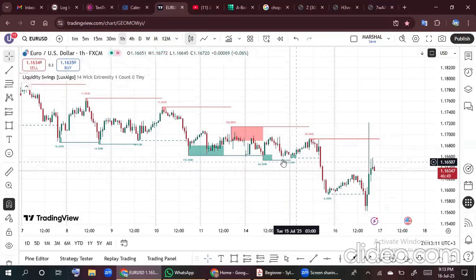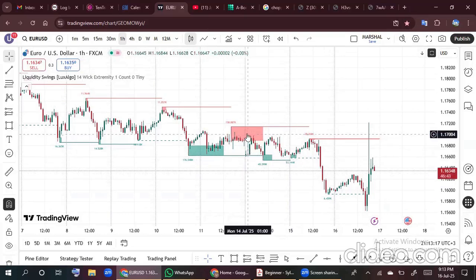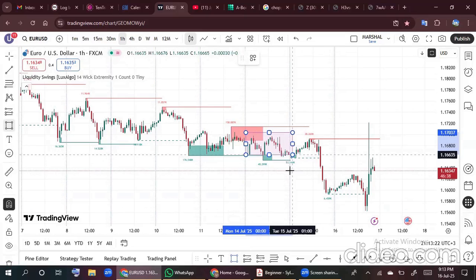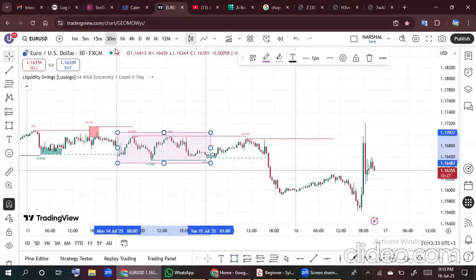The 14th will be this day, so let's just mark it. Usually the activities on those days are not too strong in the market.